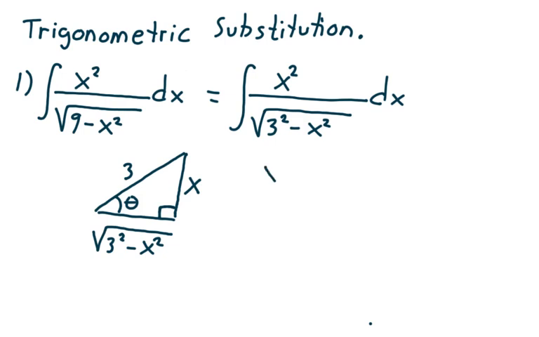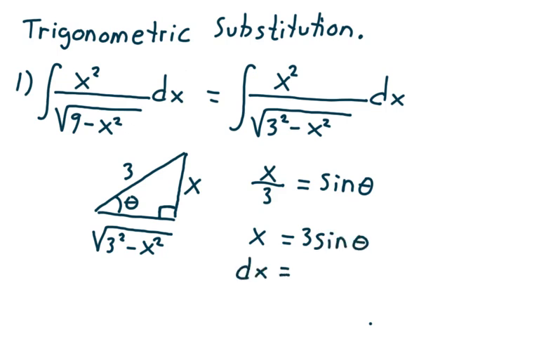So according to the triangle, we know that x over 3 is equal to sine of theta. Multiply both sides by 3, and we get x equals 3 sine theta. dx is 3 cosine theta d theta.